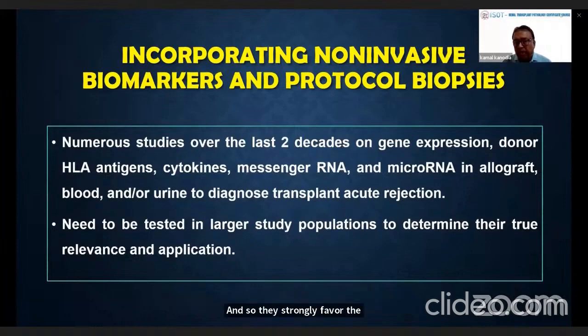But still, people believe that protocol biopsies are the gold standard for diagnosis of rejection, because these biomarkers still need to be tested in larger study populations to determine their true relevance and application, and these studies need validation.